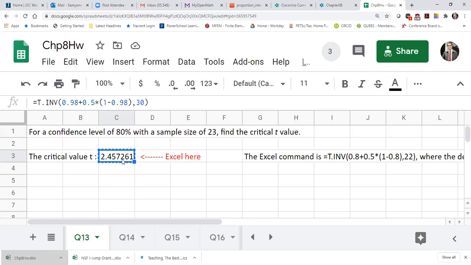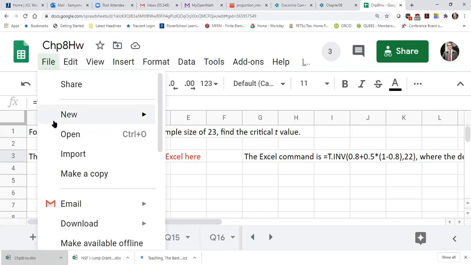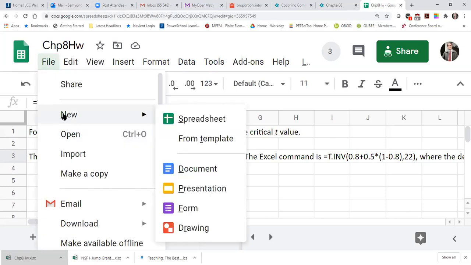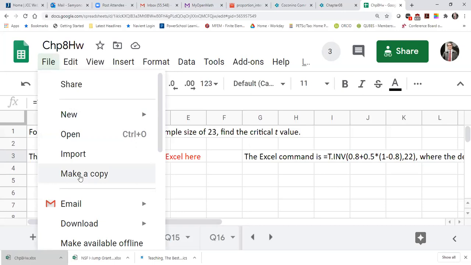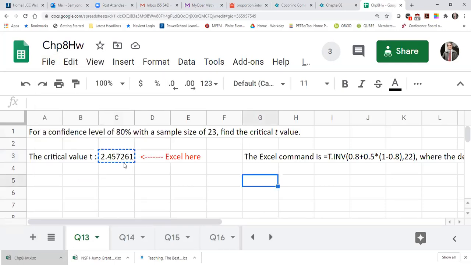Don't edit the one that is here. You can click File and then Make a copy, and then use the copy for your own problem. I did this intentionally because I don't want you to mess up the original file. Does it make sense?